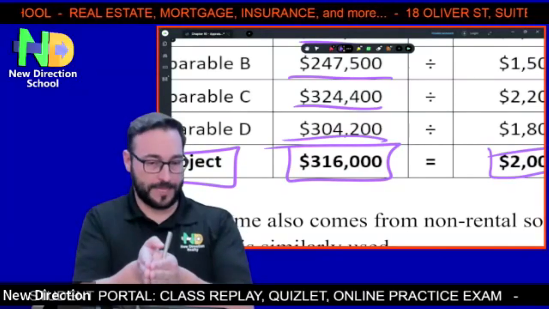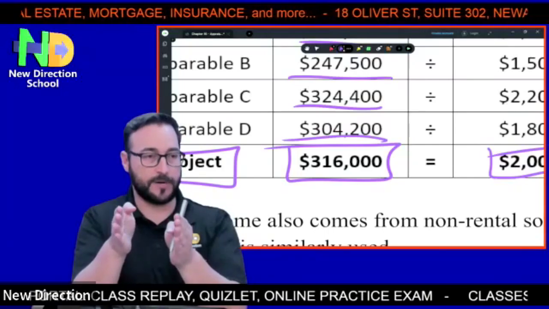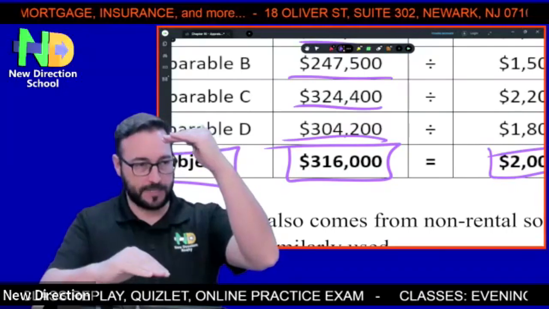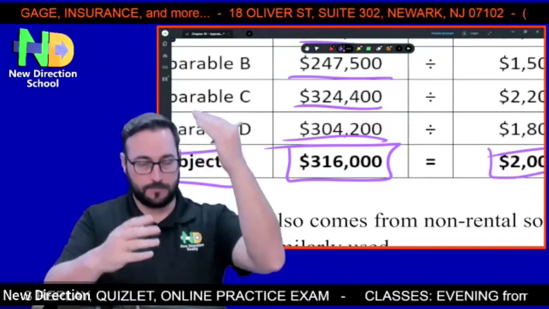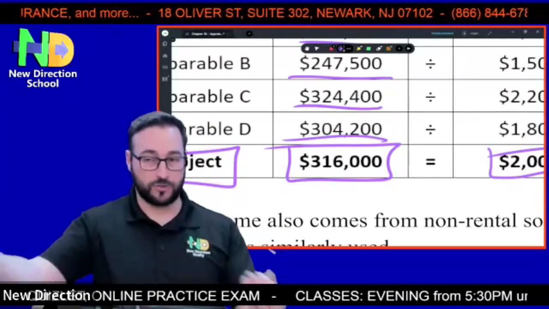We're calling duplex a two-family where you get two rental incomes from the property. It could be side by side, or up and down. For the monthly rate, you would just add whatever the total is.